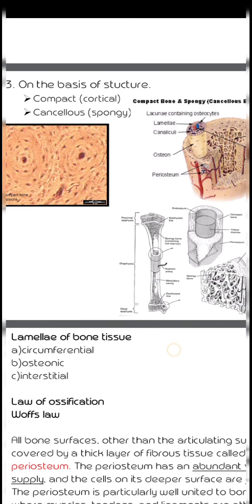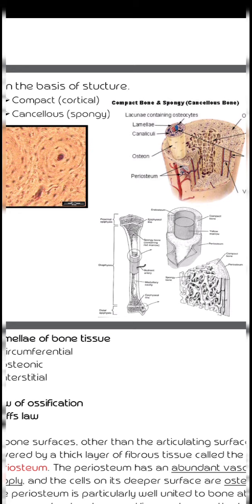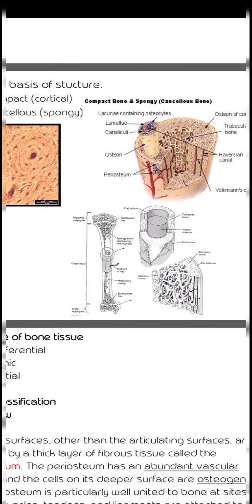Okay, so compact bone and spongy bone are two types of bone based on their structure. Both of these types are present within the long bones as in the limbs.